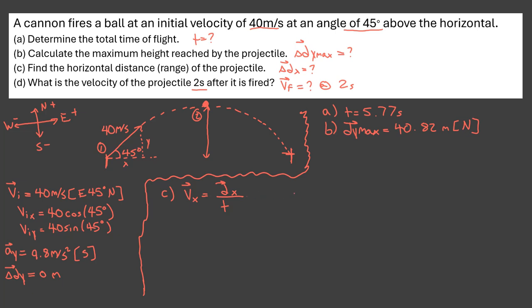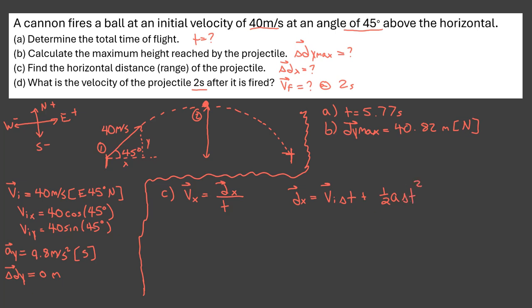Just a side note to quickly show you how that works: if I have my displacement in the x, let's use that same equation we used from part A, my initial velocity times my time plus 1/2 times my acceleration times time squared.